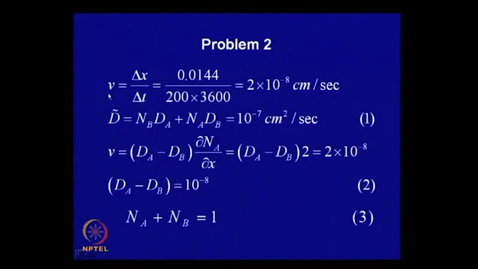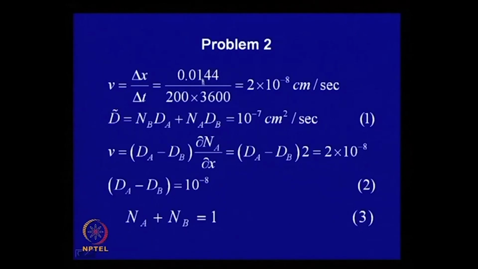Look at what is given. Let us calculate the velocity with which that marker moves with respect to the Matano interface. In fact, the markers are stationary, it is actually the Matano interface which is moving. So, we calculate this velocity, delta x over delta t.